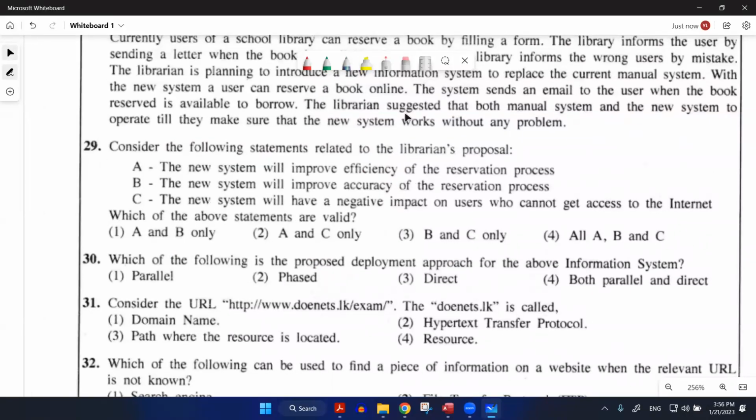Now at the very end of your scenario, it says the librarian suggests that both the manual system and the new system operate till they make sure the new system works without any problem. So if the implementation goes like this, it means parallel implementation. Parallel implementation is the implementation in which the old system and the new system run together until the new system satisfies the users, right? So for 30th, it's the first one, the parallel.